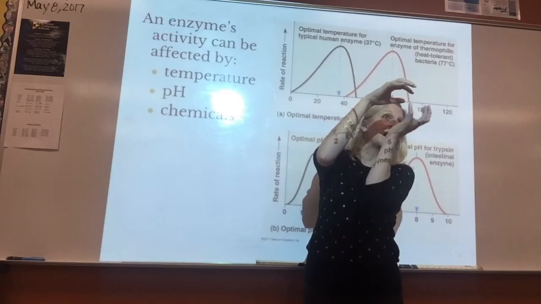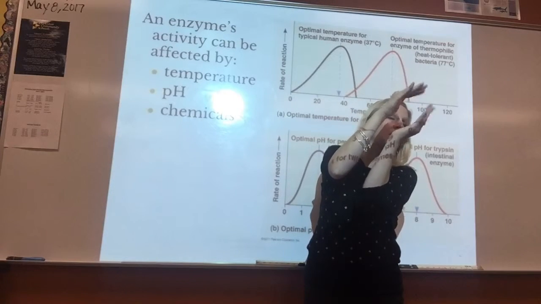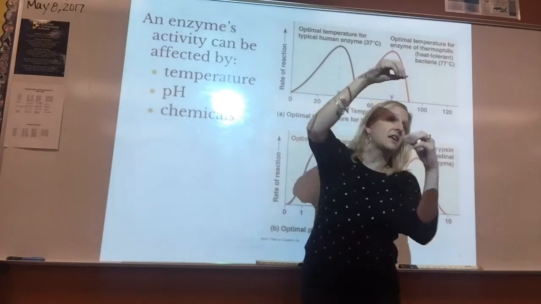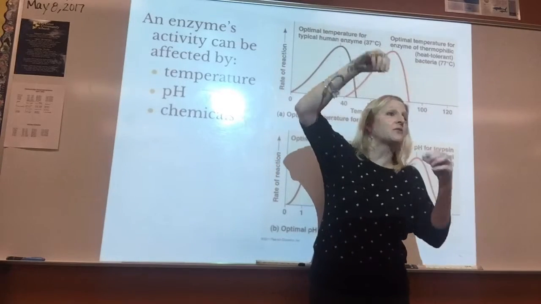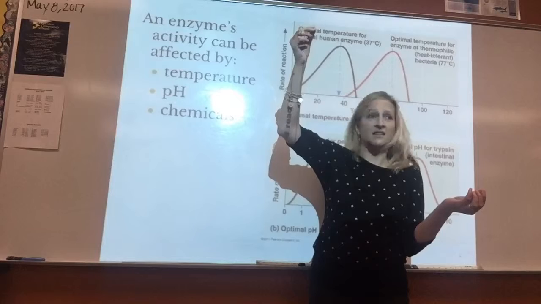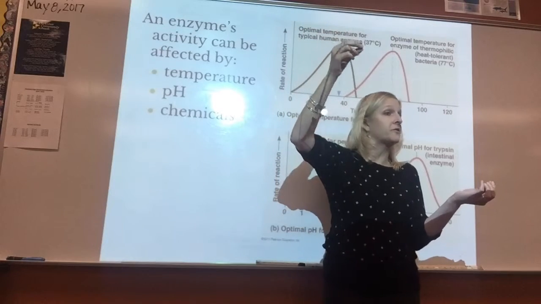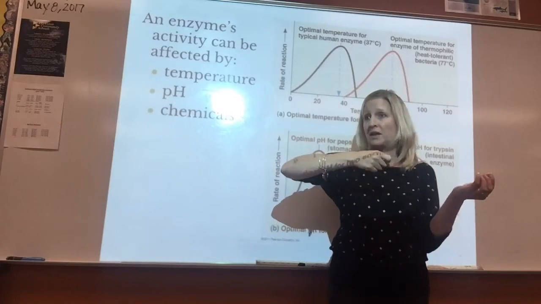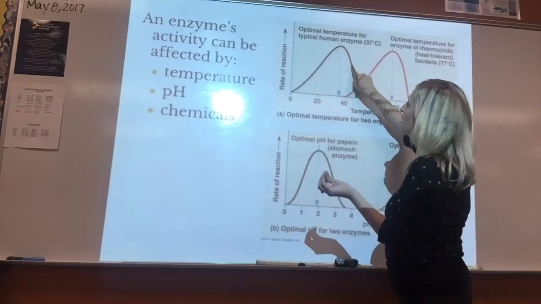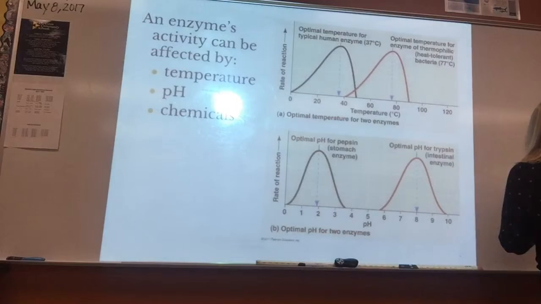So as this is moving around faster, the interaction between the R groups disrupts, and then the protein unravels. If it unravels, then it doesn't have a shape anymore, right? And the active site certainly isn't the right shape, and therefore there's no rate of reaction very quickly. And so that's what's happening here. So what do we call that when the enzyme loses its shape?